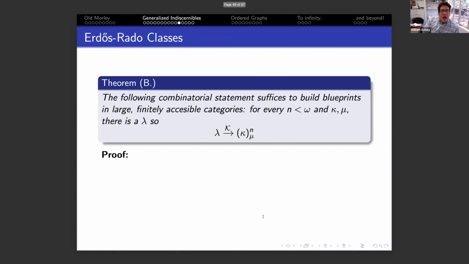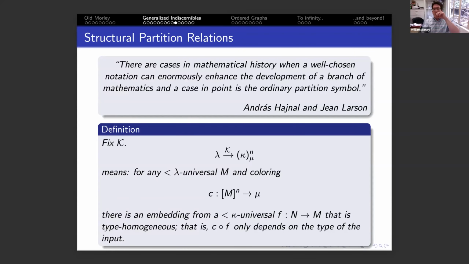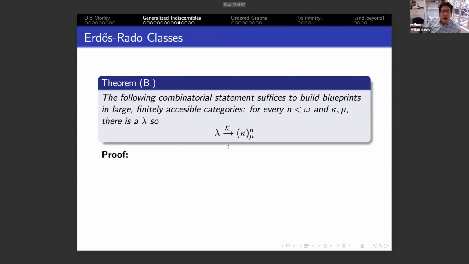Okay. And in the same way that the Erdős-Rado theorem is this kind of structural partition relation for K being the class of linear orders, the following combinatorial statement suffices to show that K is an Erdős-Rado class, that we can build blueprints out of it.